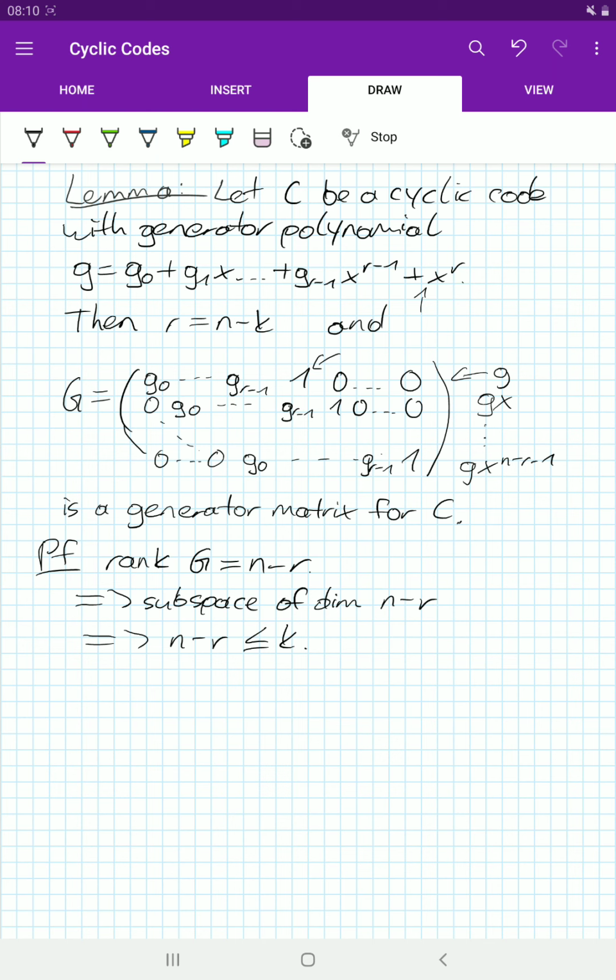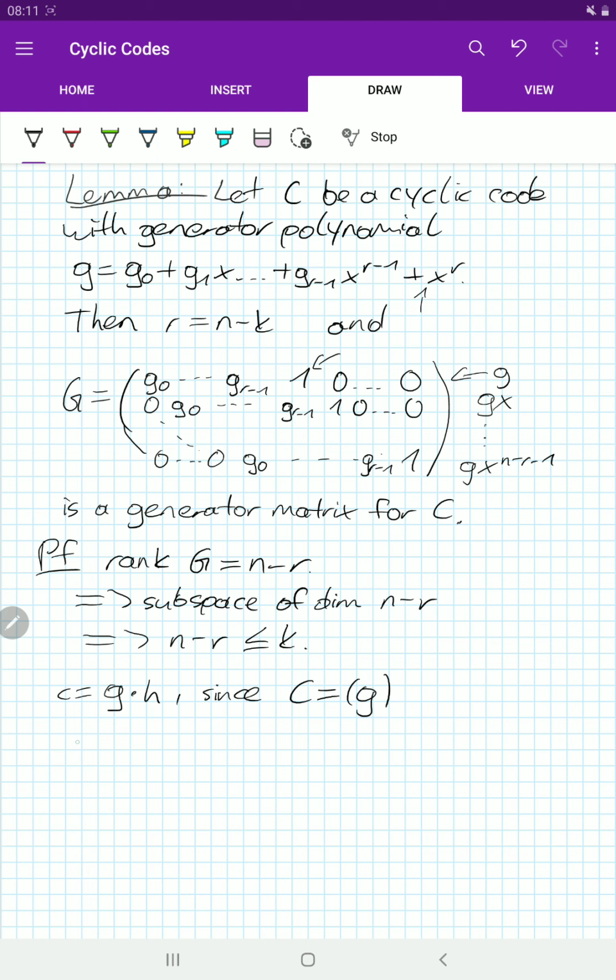So for the other direction, let's take a code word, and a code word is of the form G times H, because as we remember, the code is generated by G. Okay, and now we want to show that the code has dimension N minus R. So in order to do this, we want to show that we can take a representative of H of degree less than N minus R.